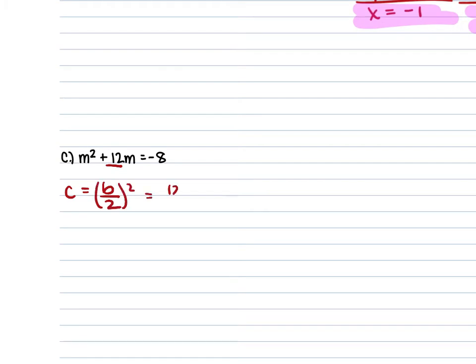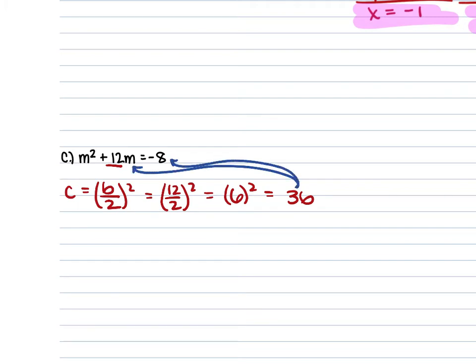So that's going to give us 12 over 2 squared, which is 6 squared, and that is 36. We're going to add the 36 to both sides of this equation to give us m squared plus 12m plus 36 is equal to -8 plus 36.